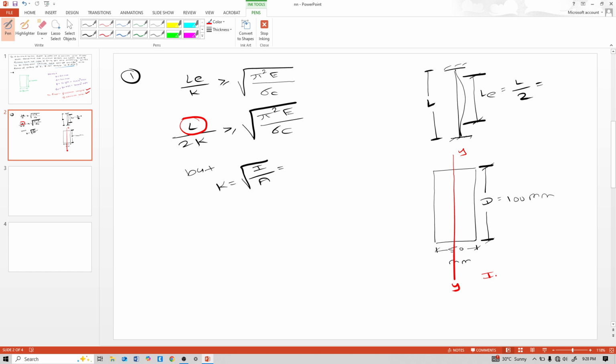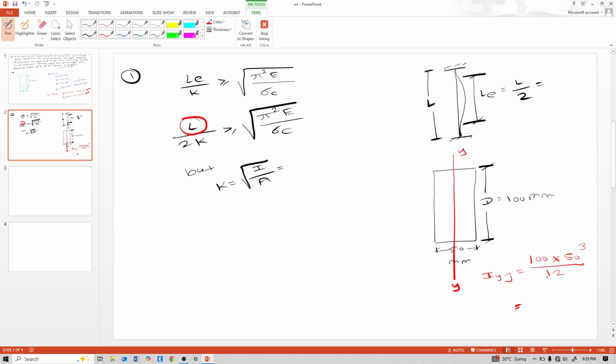So Iyy is equal to the parallel side, 100 mm as it is, multiplied by this 50 cubed, divided by 12. This is the least moment of inertia.